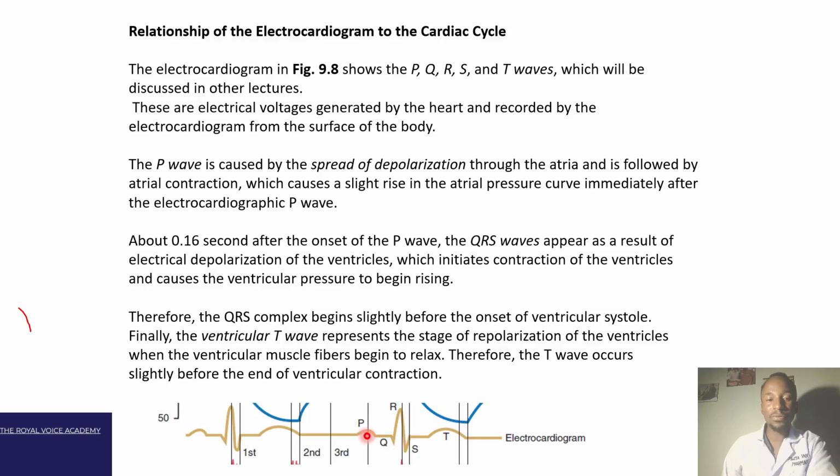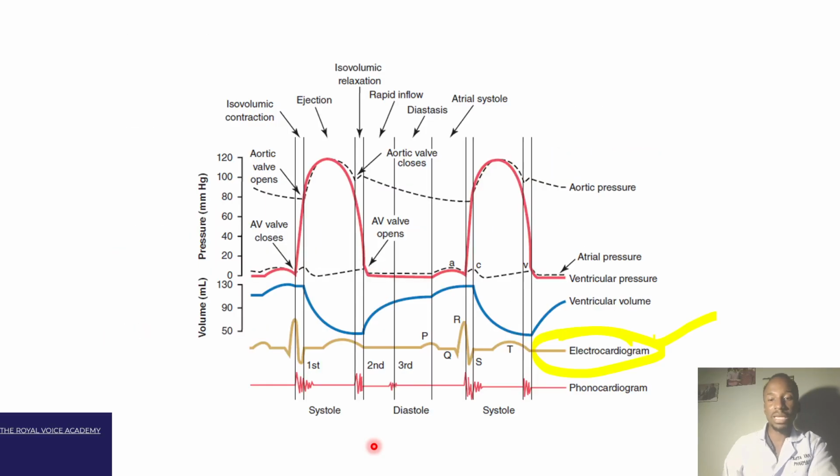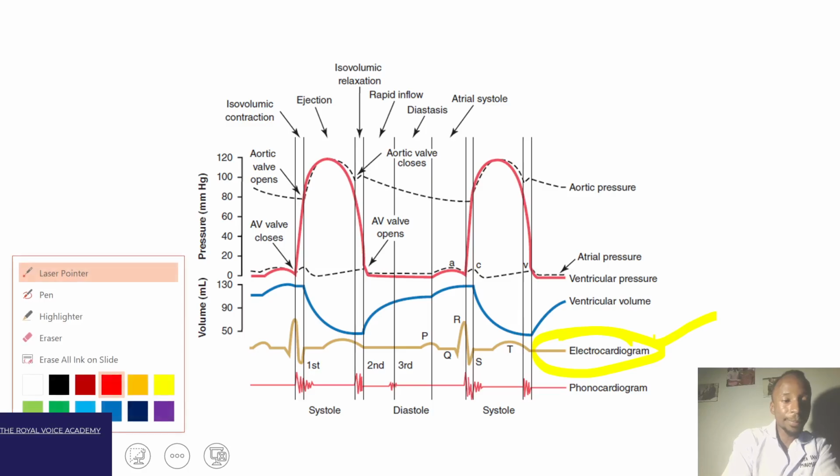So you have your P wave here. So when that wave of depolarization has spread through the atria, it will be followed by atrial contraction. So the P wave comes first, and then contraction comes later. And that will cause a slight rise in atrial pressure. So let us look at this one again. I want us to combine these two here.